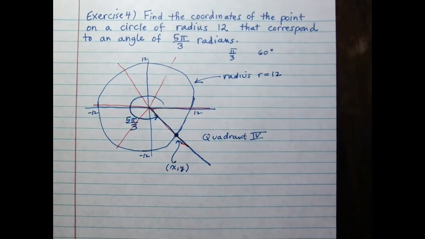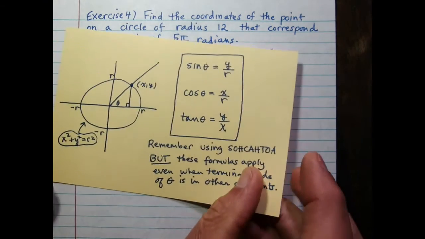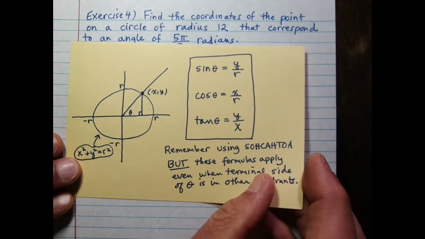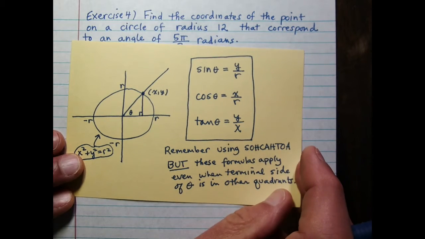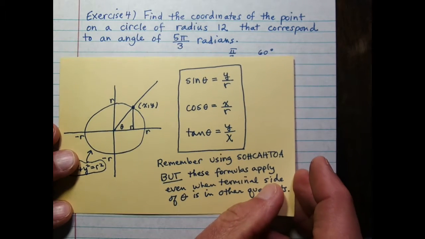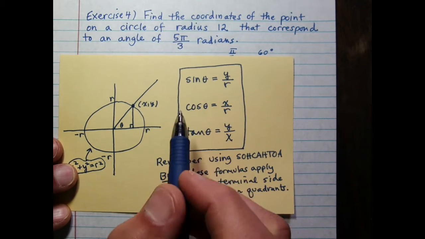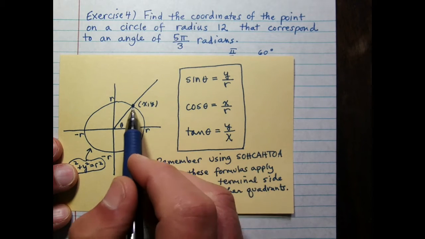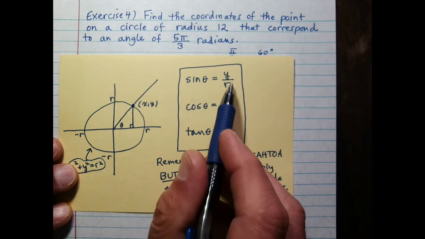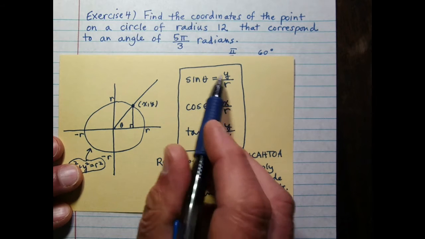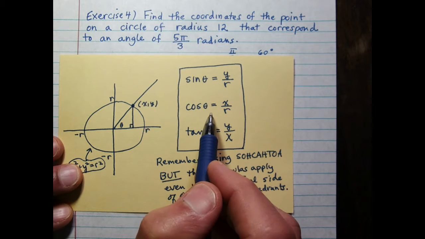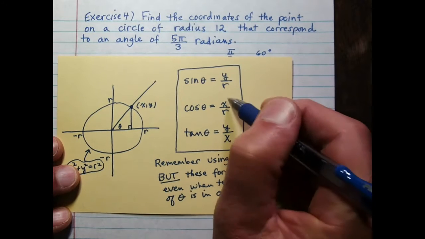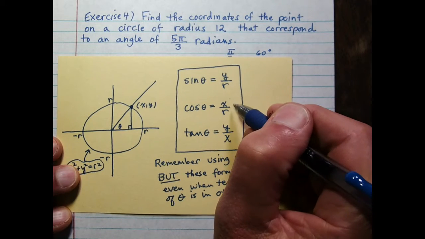And we are going to make use of these formulas. We have our sine, cosine formula, because the sine and cosine both involve the x and y coordinates of this point. But we're going to use this in a slightly different way here. We want to find x and y. We're not plugging them in.